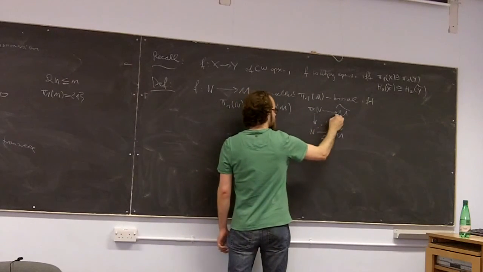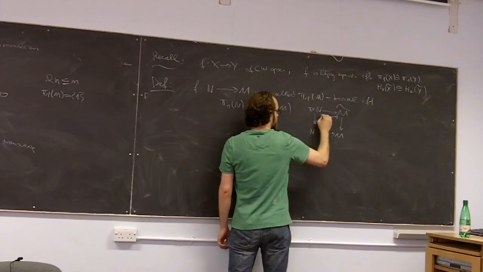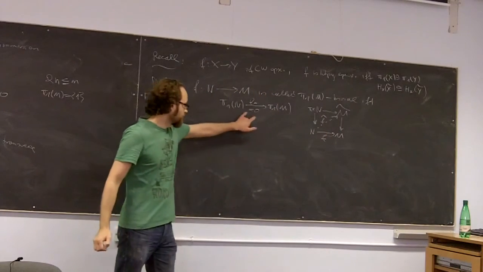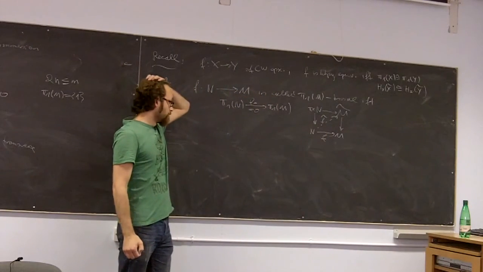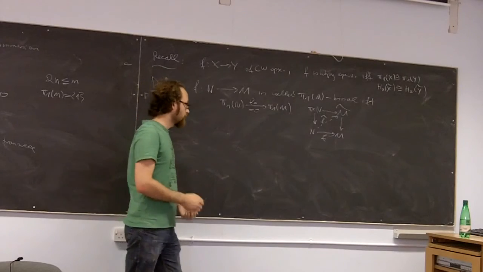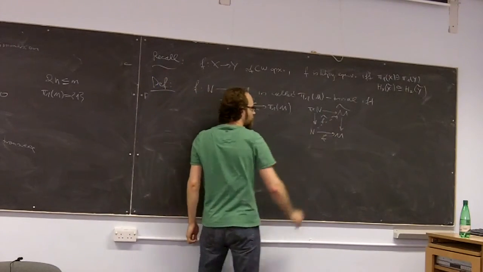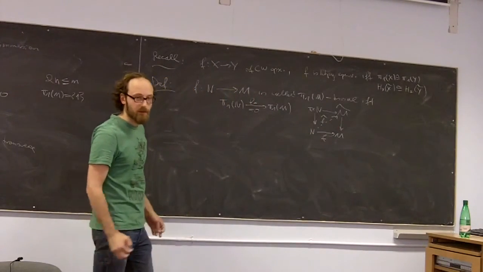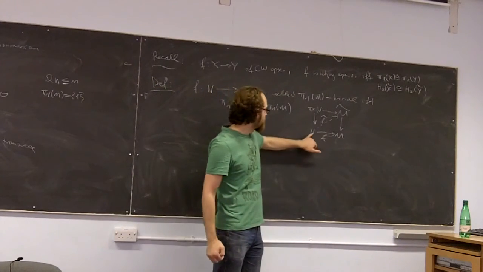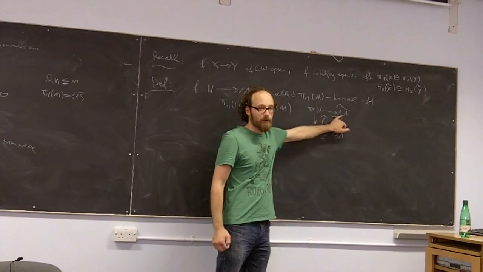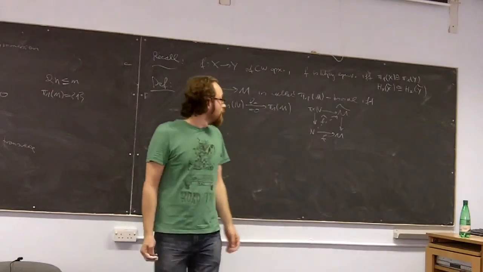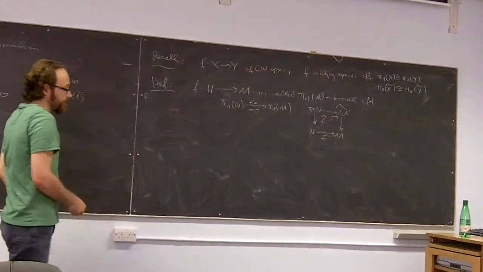We also get the lift here, because of this condition. And this lift is unique if you work in a based context, because then the base point of N goes to the base point of M tilde. Okay.